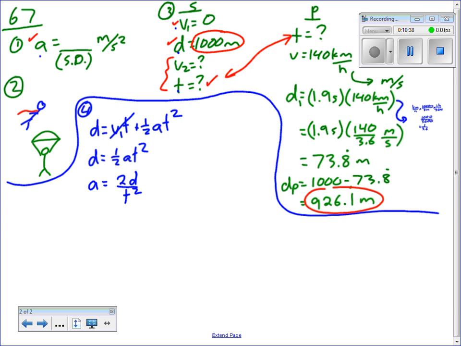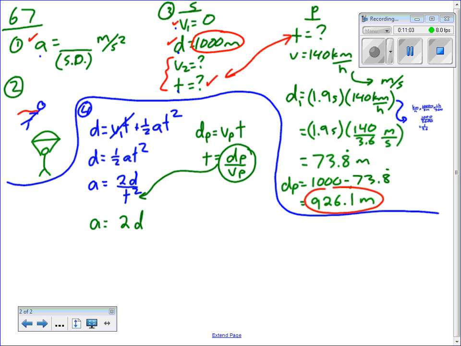We also know that t is equal in both. The parachutist is following the equation d equals vt. So the time is going to be the distance the parachutist falls divided by the parachutist's speed. And we can take this and say it's the same thing as the t here.